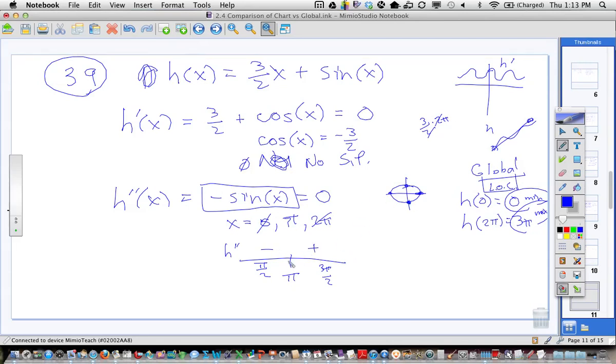Now, what's that number line tell us? That's concavity, because this is double prime. So H is concave down, and this is concave up. So it's going from concave down to concave up. We would have to write that out: x equals pi is an inflection point, and we know that because h double prime changes from negative to positive, so h changes from concave down to concave up.